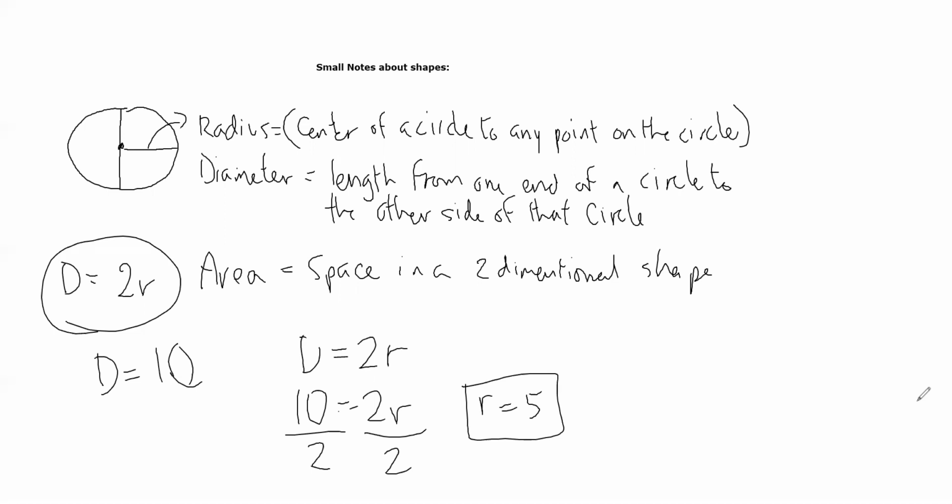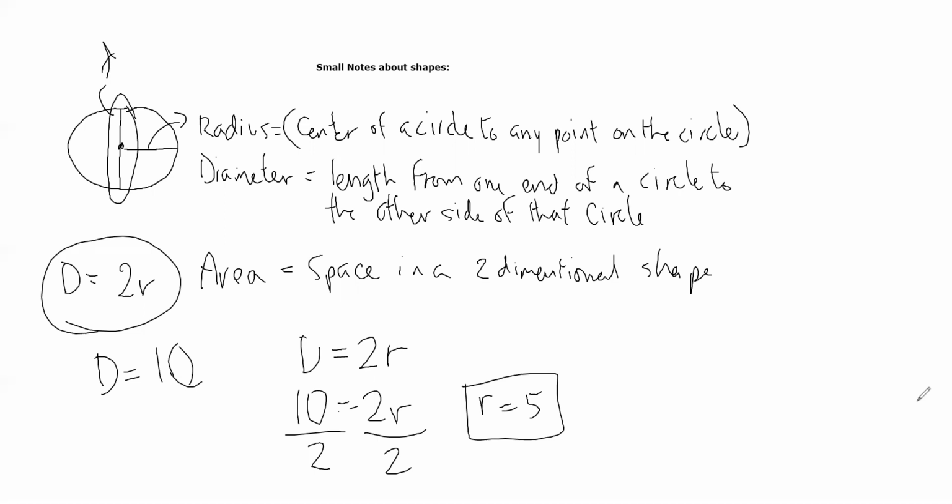If they give you the full diameter, that's from one end to the other, this thing is the diameter. The half one is the radius. So if they give you the radius, you're good to go. Just plug it into your formula. If they give you the diameter, cut it in half.